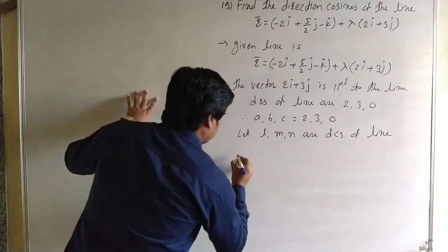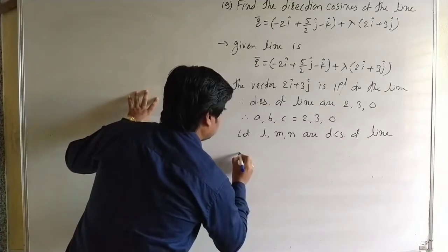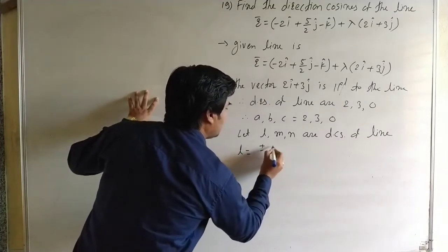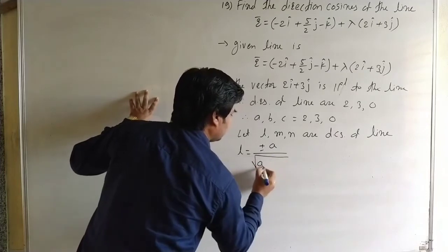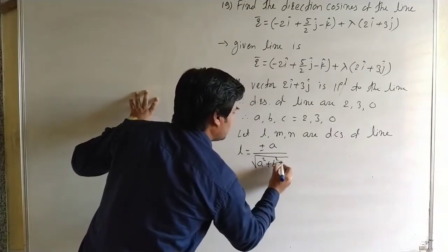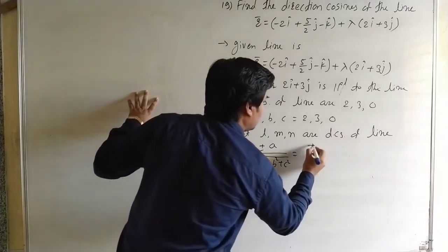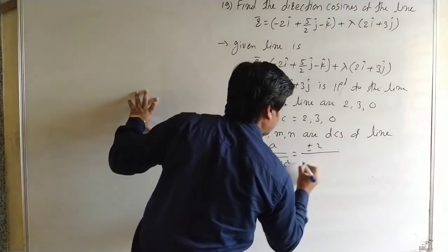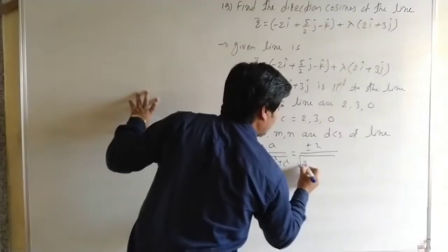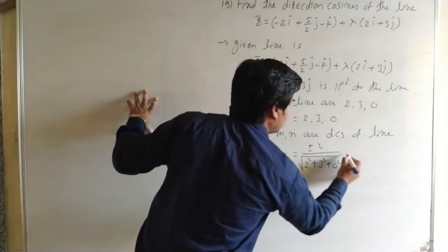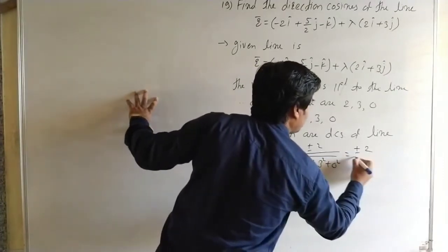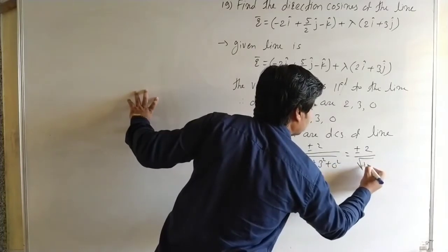Therefore l is equal to plus or minus a upon under root a square plus b square plus c square, and that is plus or minus 2 upon under root 2 square plus 3 square plus 0 square, and it is plus or minus 2 upon under root 13.